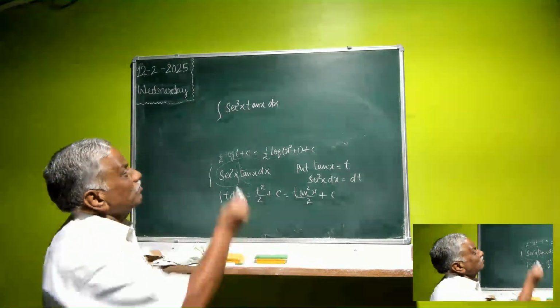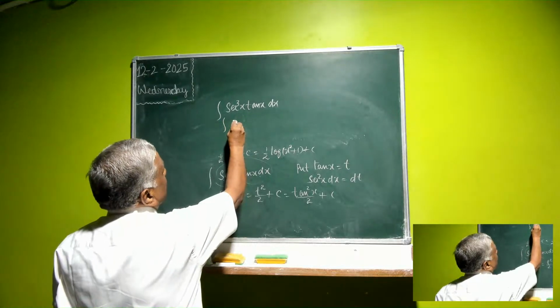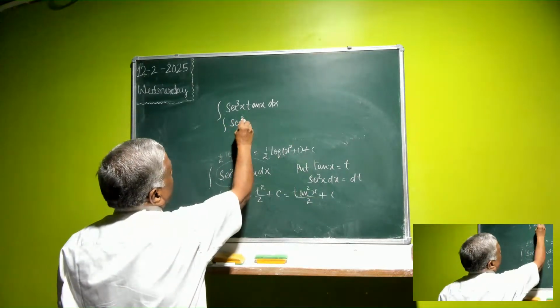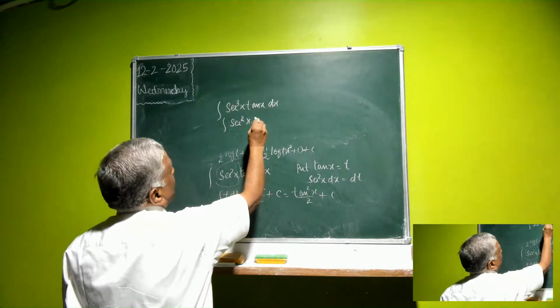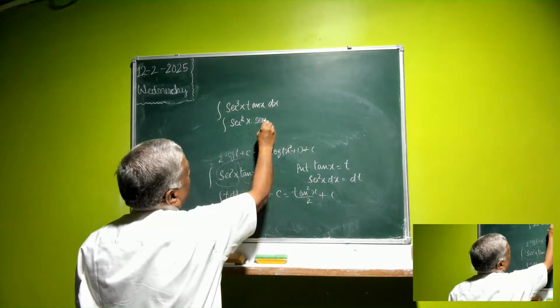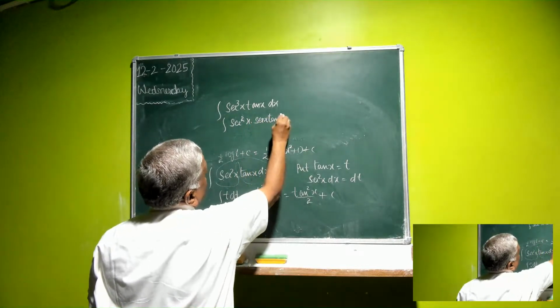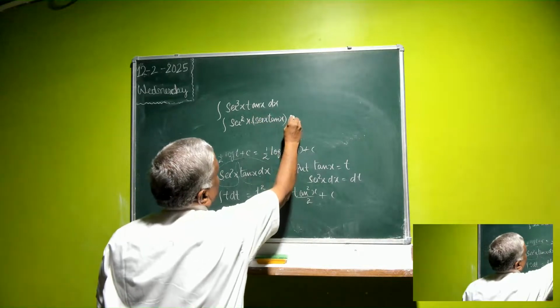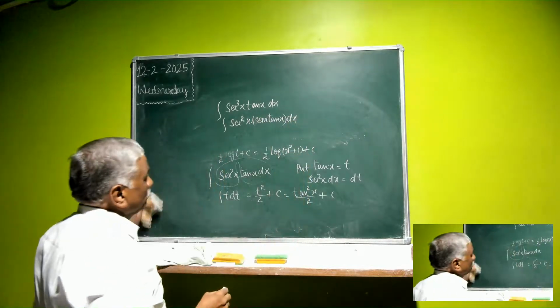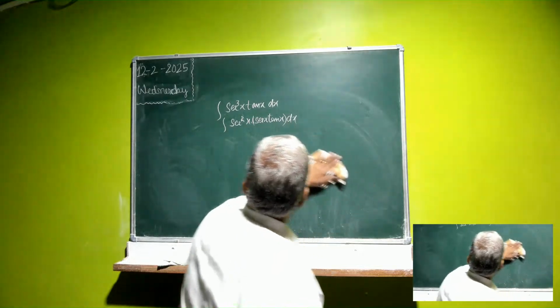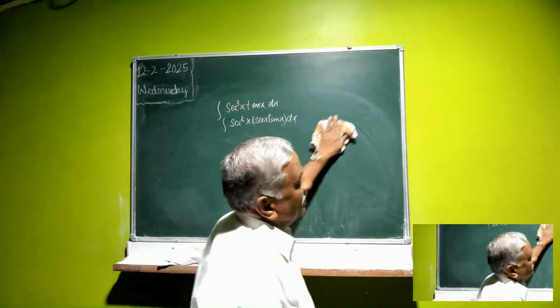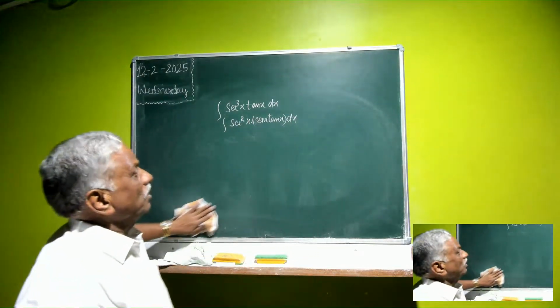So this is a very tricky problem. Write this as secant square x into secant x tan x dx. So arrange the problem. These adjustments are required in integration. This is what you should understand: how to arrange the given problem.